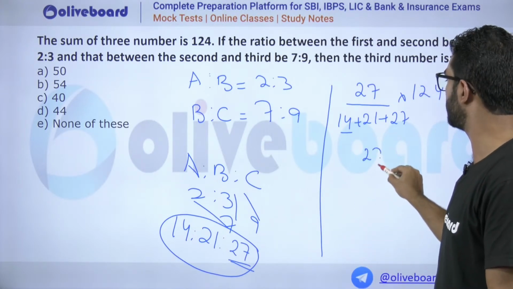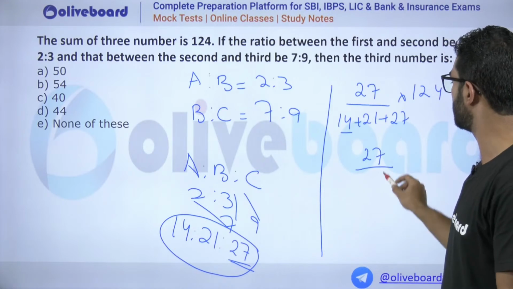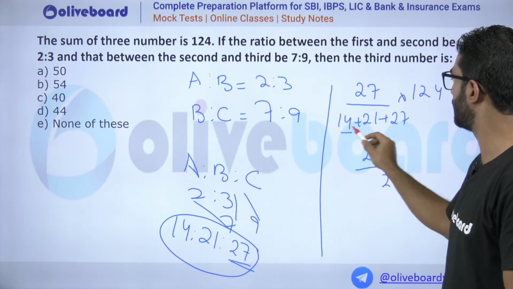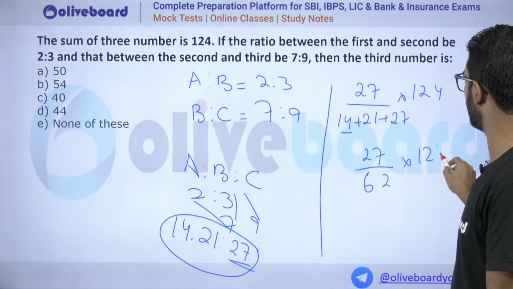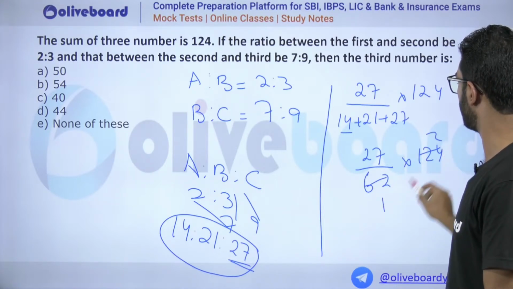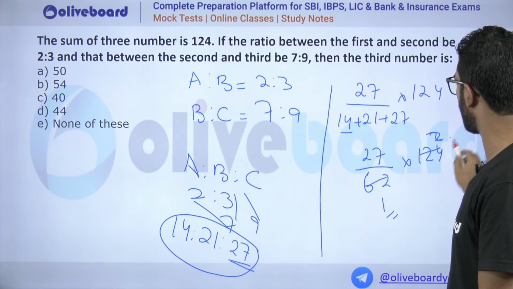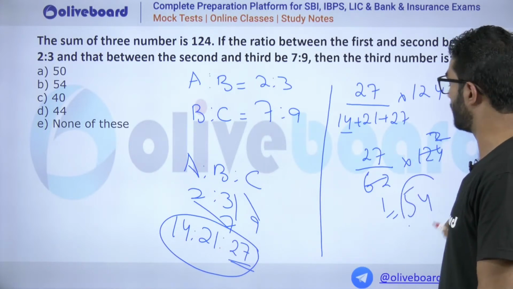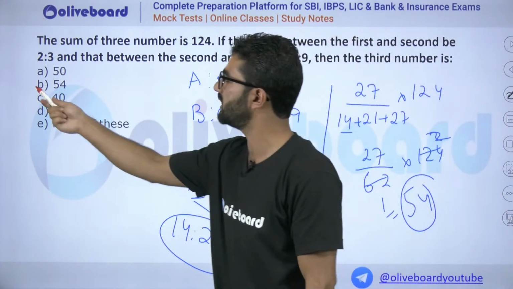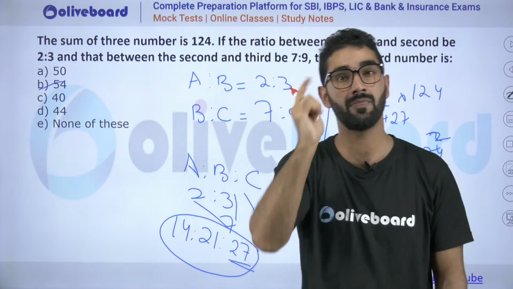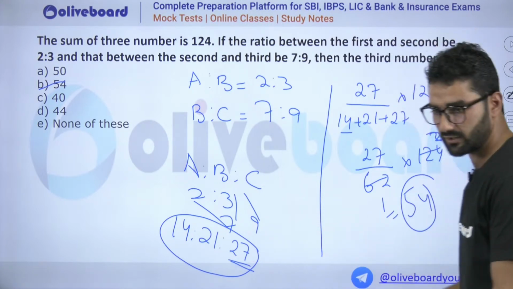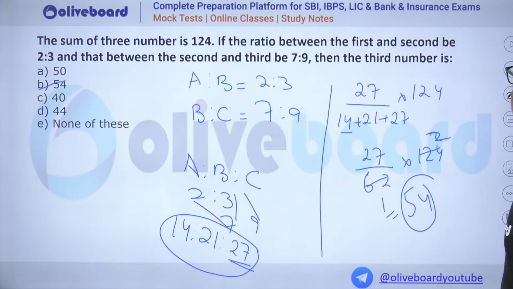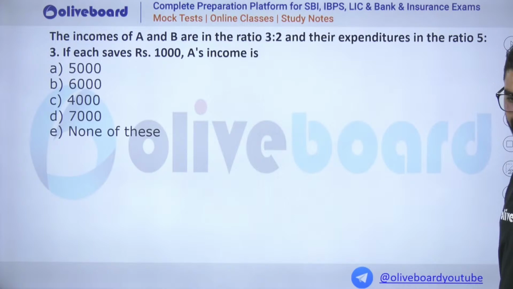Okay. So 27 divided by 62, multiplied with 124. 2 times 27 will be 54. We got this answer as 54. Actually, we are going to calculate the value of number B, not the ratio. Ratio is not going to be calculated. We are going to calculate the value, yeah, B. Okay, my dear, going for this.